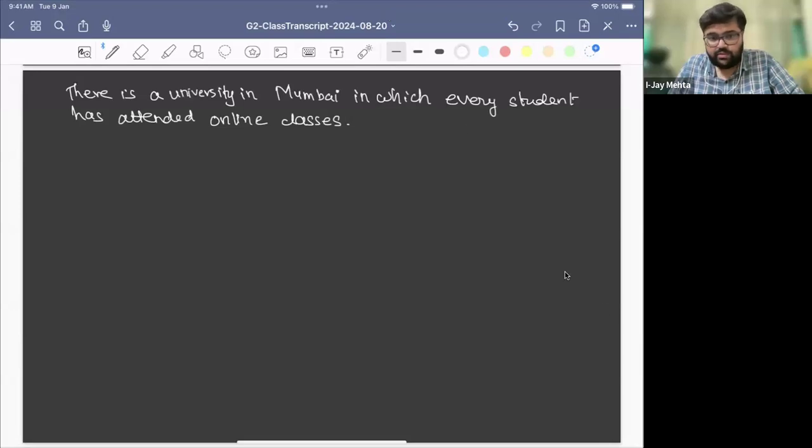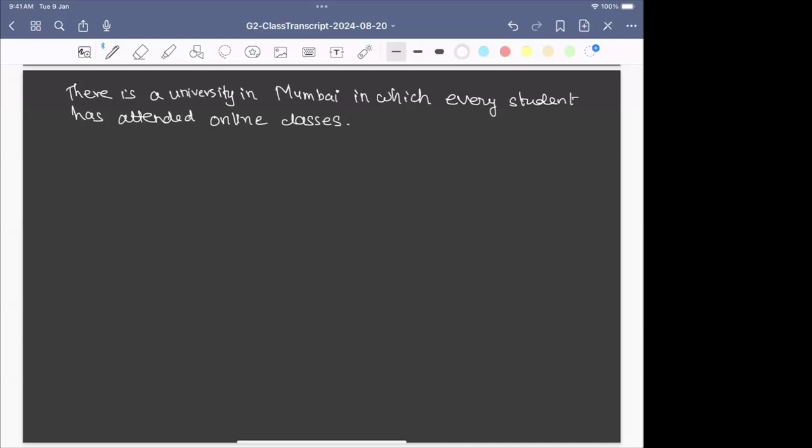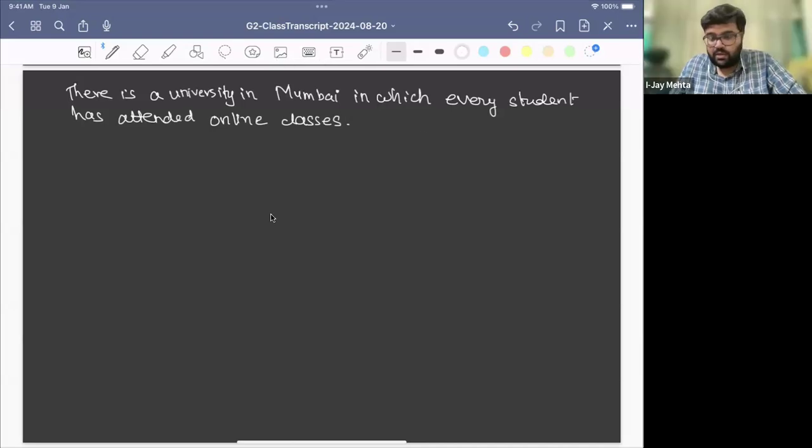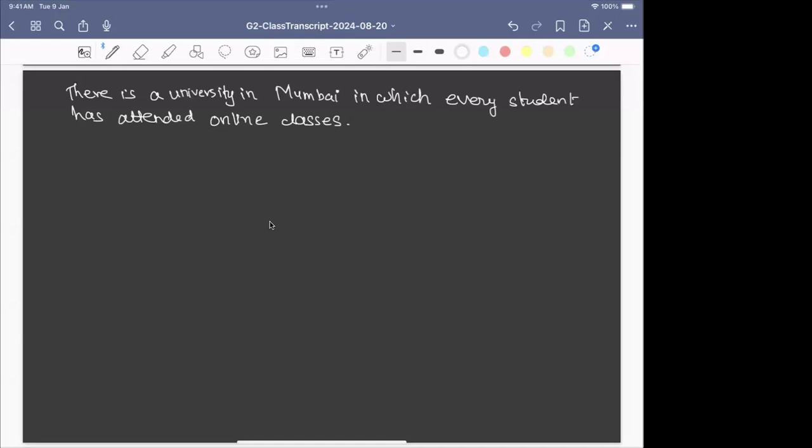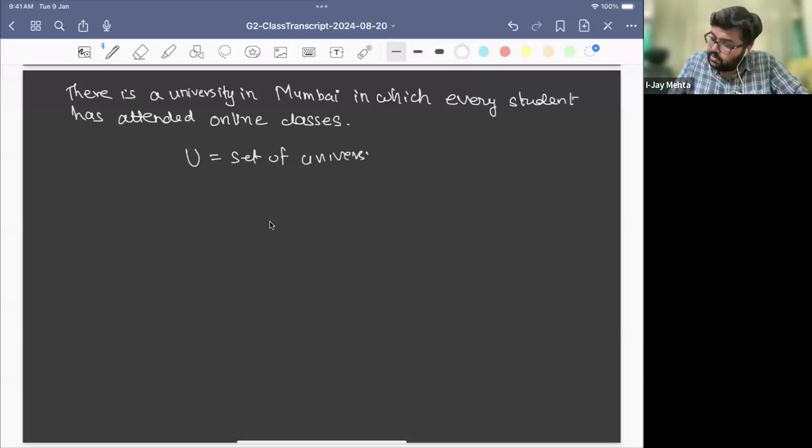Room number 7, Shivam. Yes, sir. What notation you want to give? Set of all universities, capital U. So the set of all universities in Mumbai. Okay.